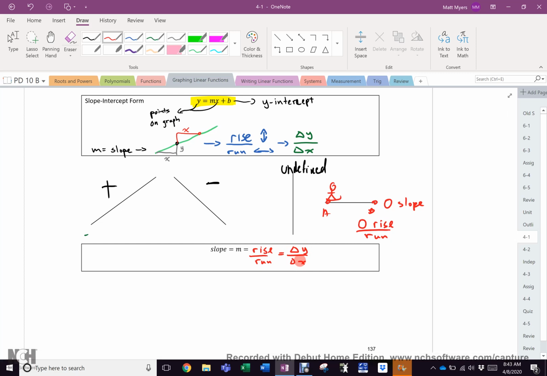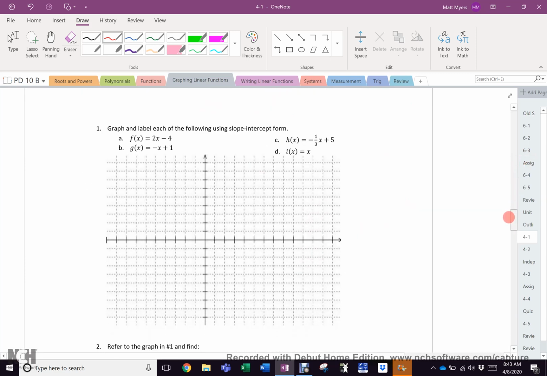So let's use this. Turn the page over. So here I have 4 functions. I'm going to use 4 different colors. A, B, C, and D. So let's look at A right here.